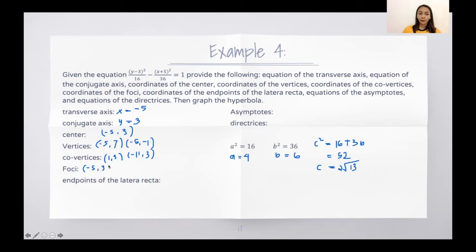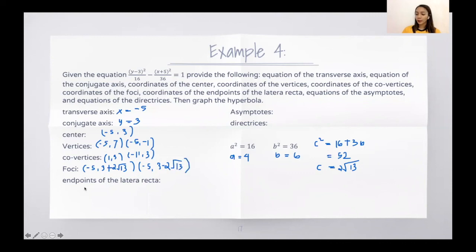For the foci, we have negative 5, 3 plus 2 the square root of 13, and negative 5, 3 minus 2 the square root of 13.